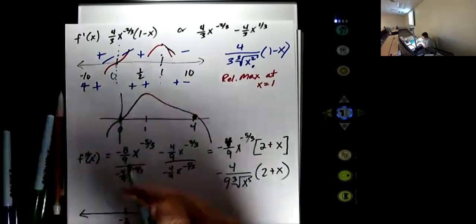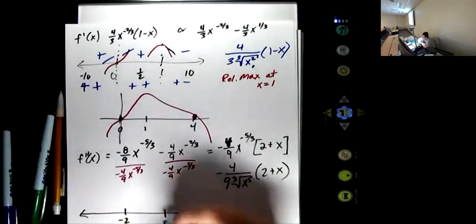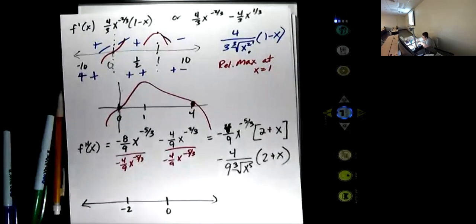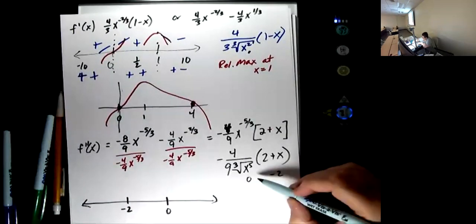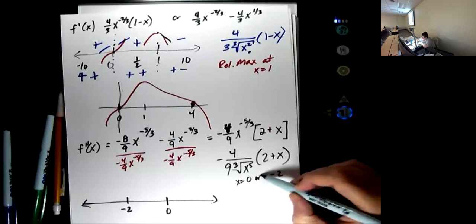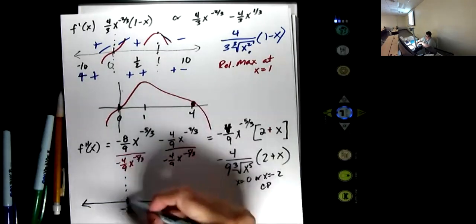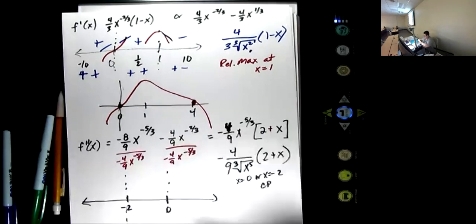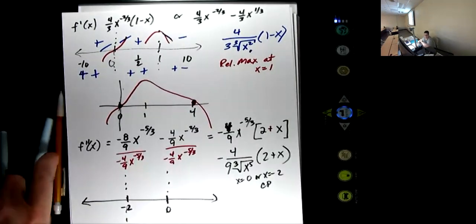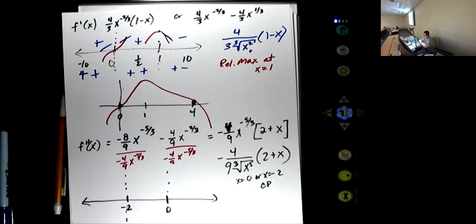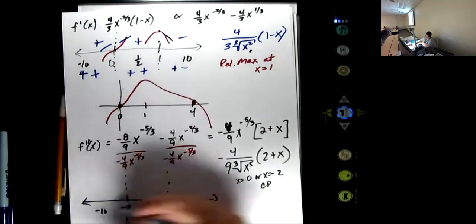And we have a critical point at 0 again. So let's try -10, -1, and 10.